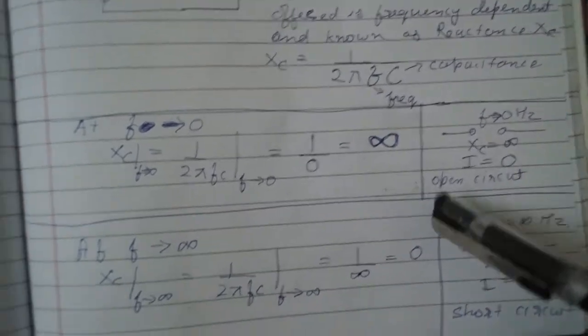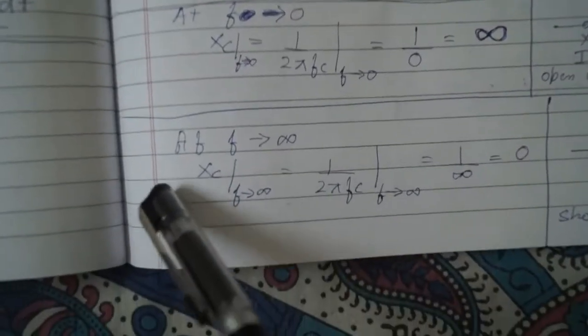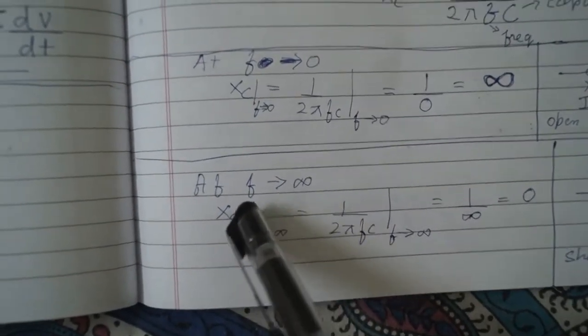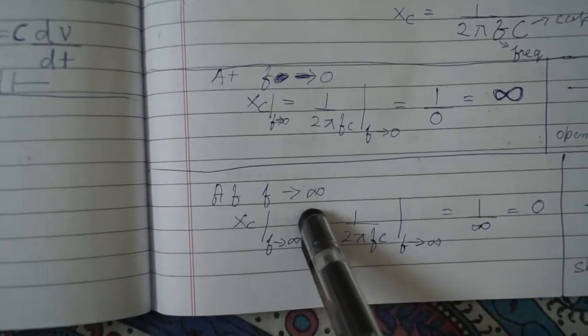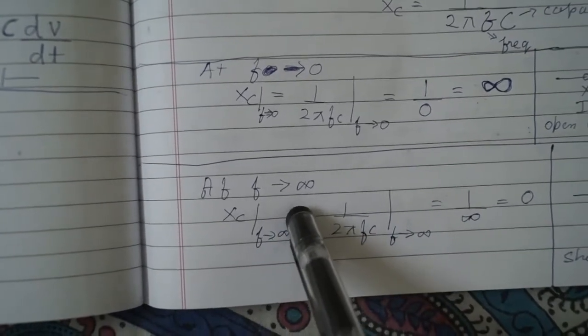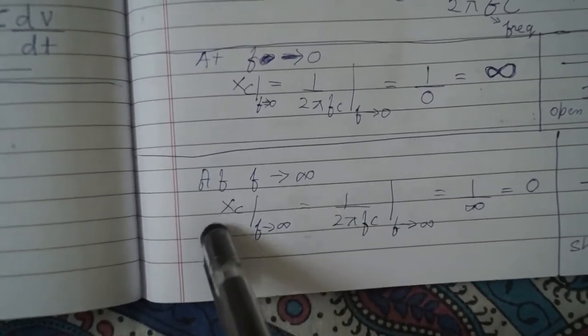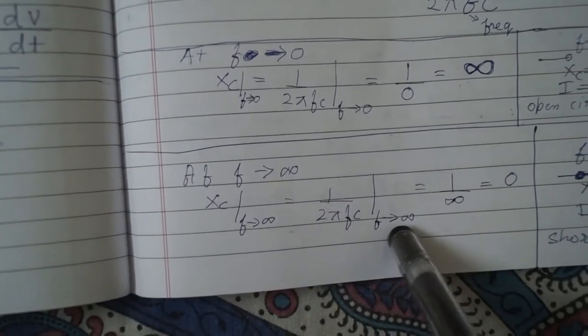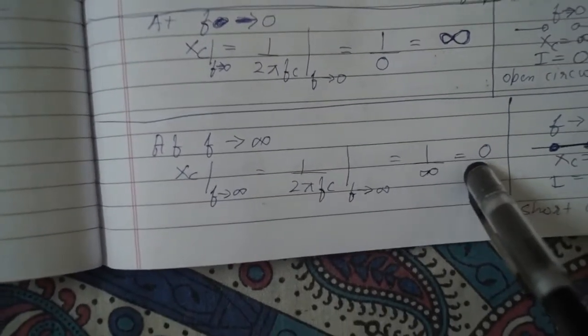So if f tends to infinity, which means the frequency is very large, the reactance of the capacitor also tends towards 0.